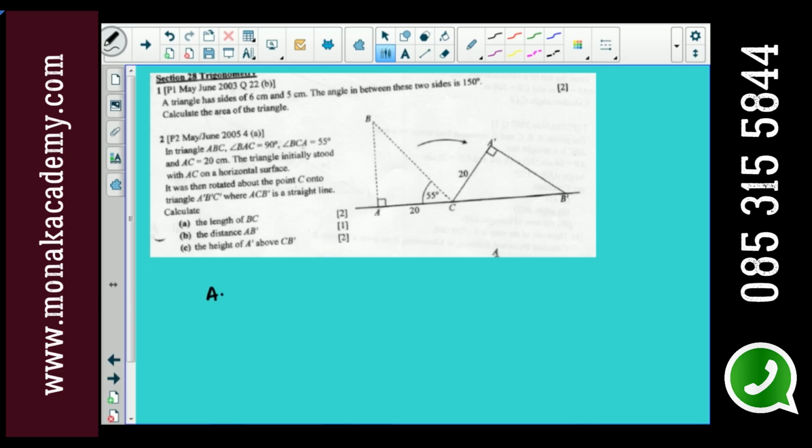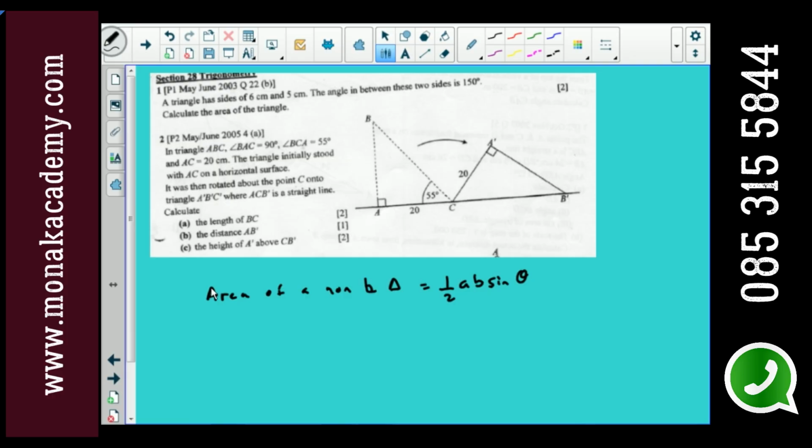So area of a non-right angle triangle is simply the same as half, but instead of base times height, it's now any two given sides, and then sine the angle. So angle is always represented by theta.